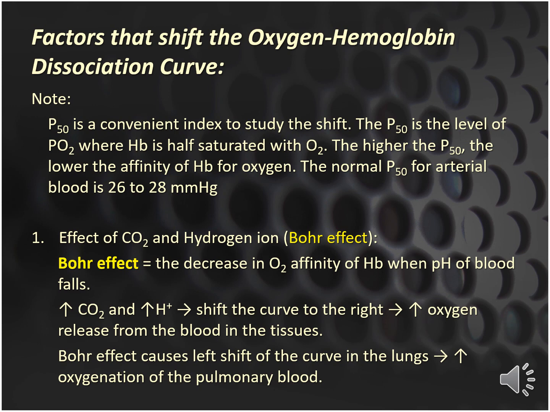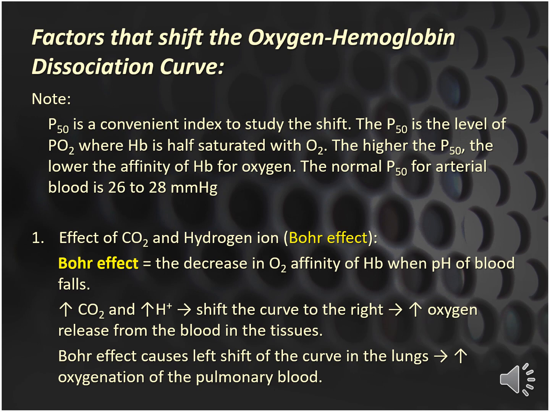You need to know that there are three major factors that shift the curve to the right. These are the Bohr effect, the effect of 2,3 DPG, and temperature.